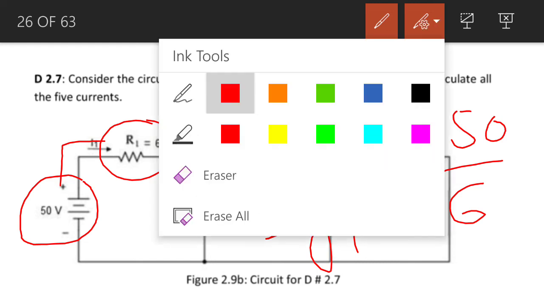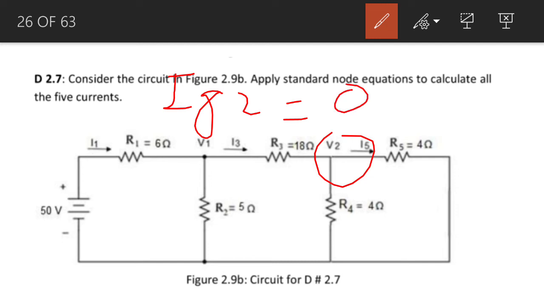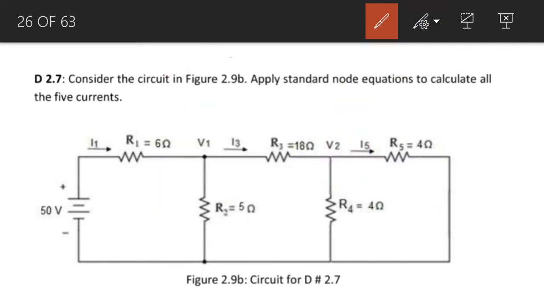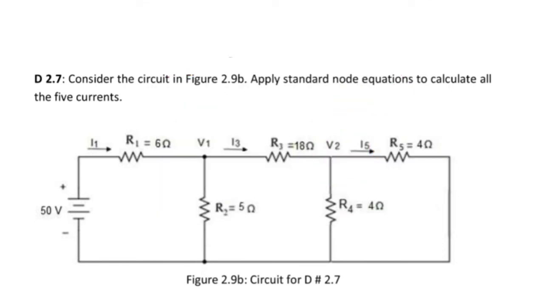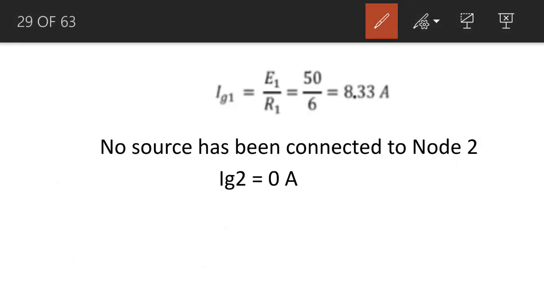For Ig2, we consider the source which has been connected to the second node. Here is the second node, and you see no source has been connected to it. So automatically Ig2 will be 0 ampere. This is how we compute Ig1 and Ig2 in this method.